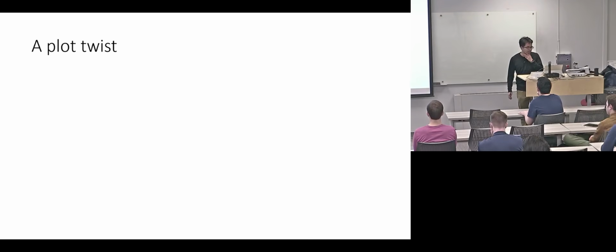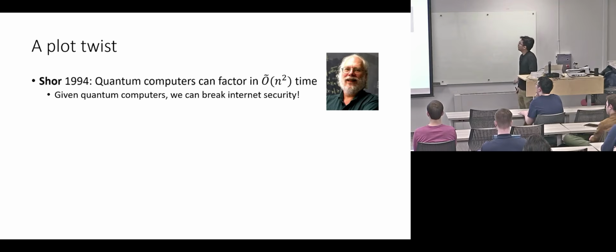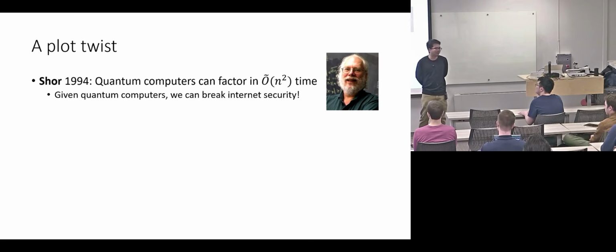There is one plot twist actually. In the 90s, Peter Shor showed that if you can invent quantum computers, then you can factor in n squared time. This is polynomial time now.